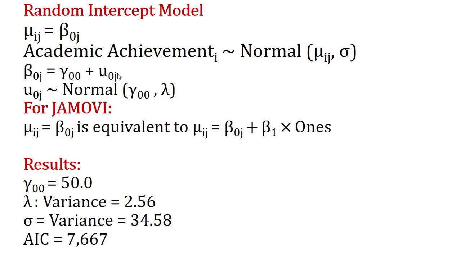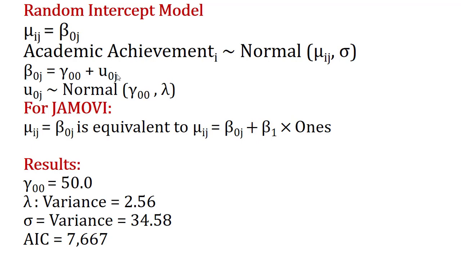So 55.5 minus 50.5 is 5. So the u of that region is 5. So basically, for each region, beta 0j is the mean of the sample plus the difference between the mean of the sample and the mean of that region.